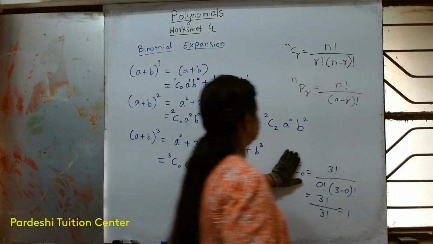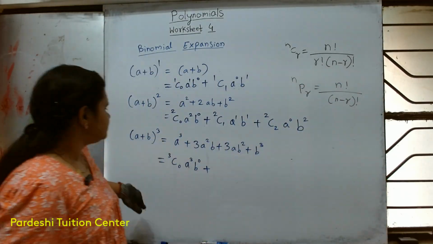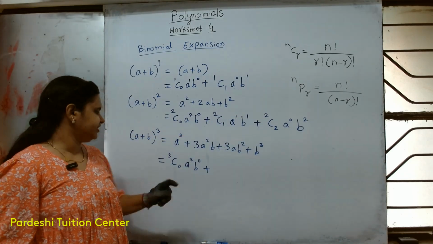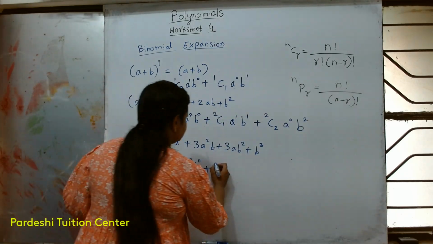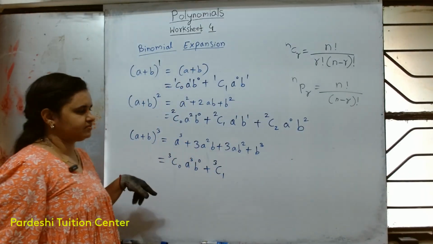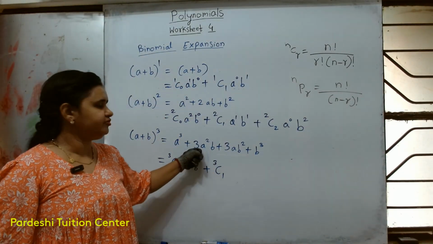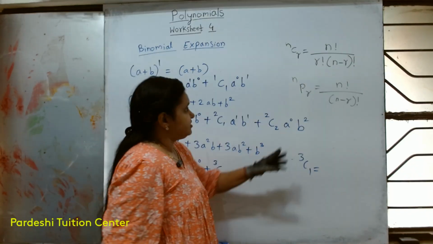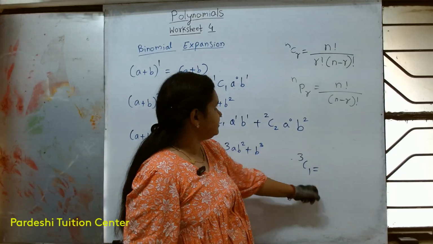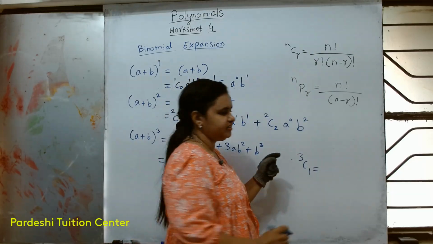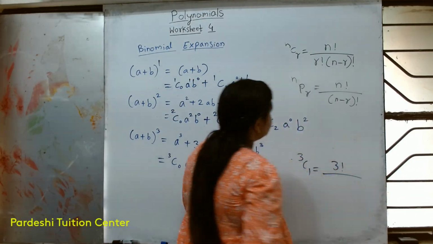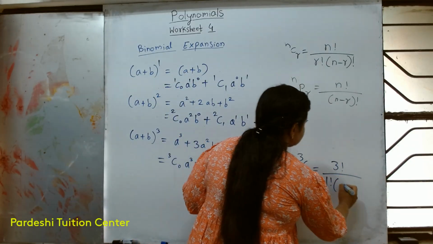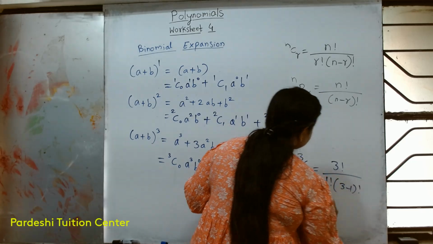Okay. Now, just like the sequence we solved earlier, 2c0, 2c1, 2c2, it will be 3c0, 3c1. Now let us check if the coefficient is coming as 3. If I put 3c1, let us check by putting it in the formula. 3c1: n factorial, here n is 3, so it will be 3 factorial upon r factorial, r is 1, so 1 factorial, and n minus r is 3 minus 1 factorial.